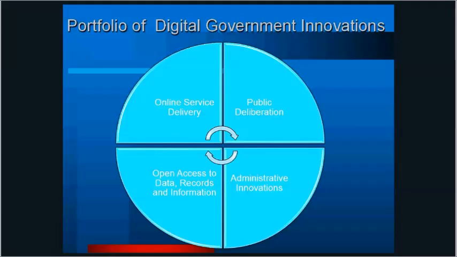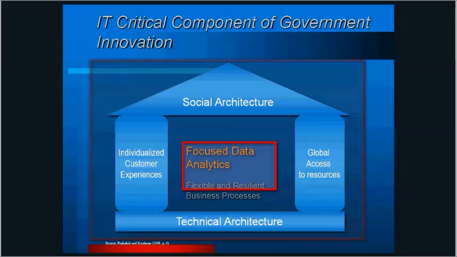Government organizations are the largest producer of information as well. And so how do we provide access and share that information and that data is super critical. So with the strategy is the need to zero in and focus on the data analytics, which can be used to help serve the individual needs of each and every person that lives within our communities. And so that's what we are focusing on today.